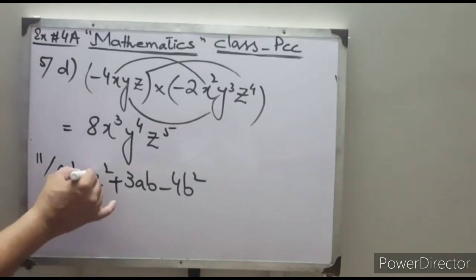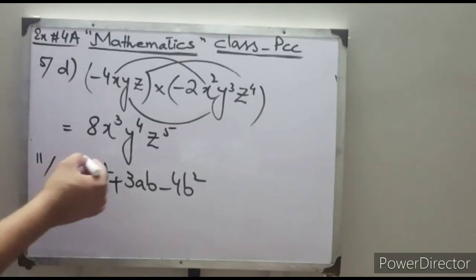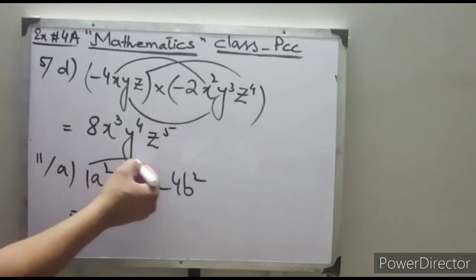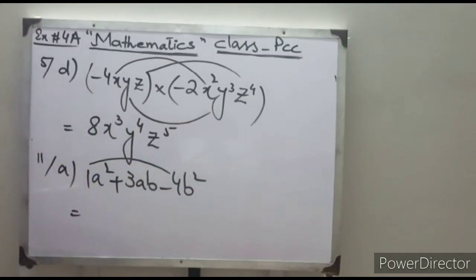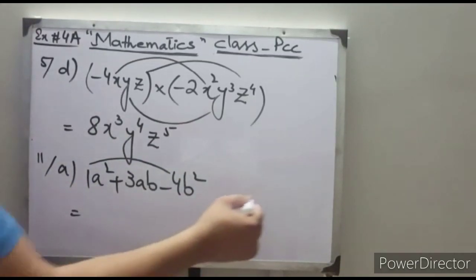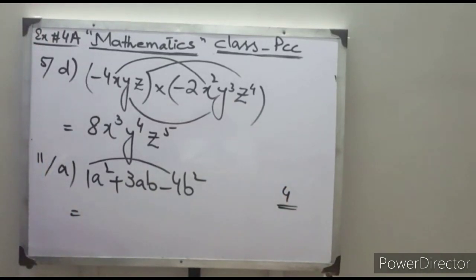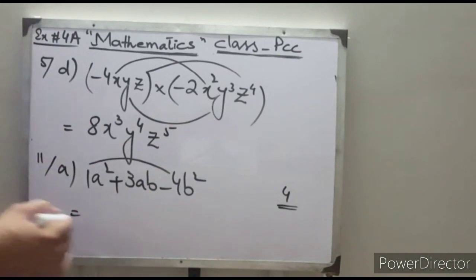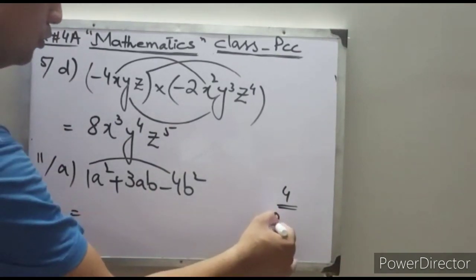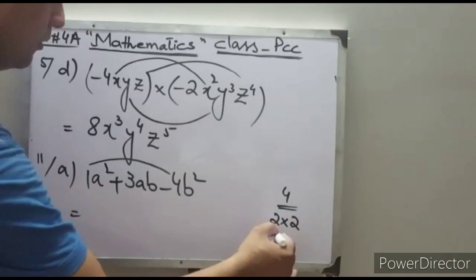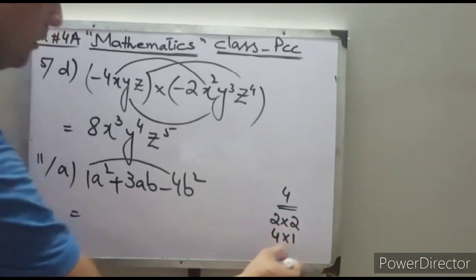First of all, see the coefficient of a square is 1. Multiply 1 by the ending variable coefficient 4, so we have 4. Now write the factors of 4, which are 2 multiplied by 2, 4 multiplied by 1.